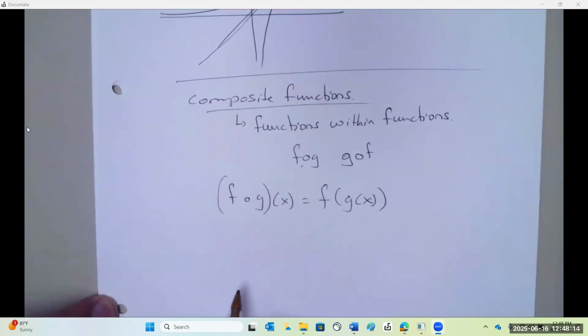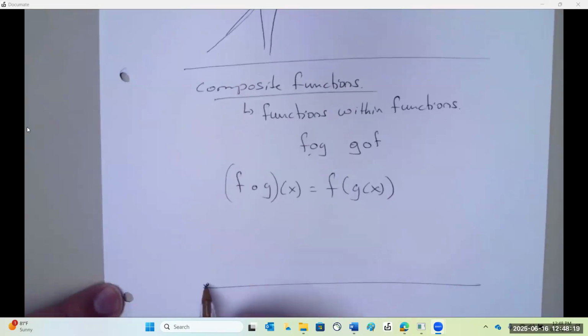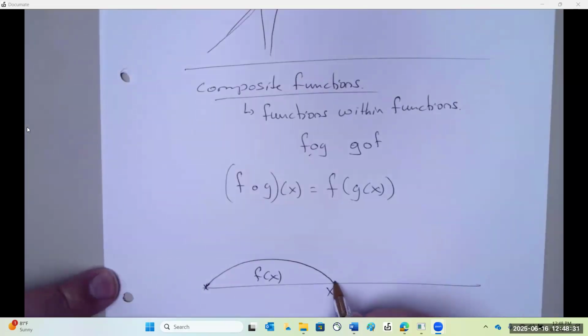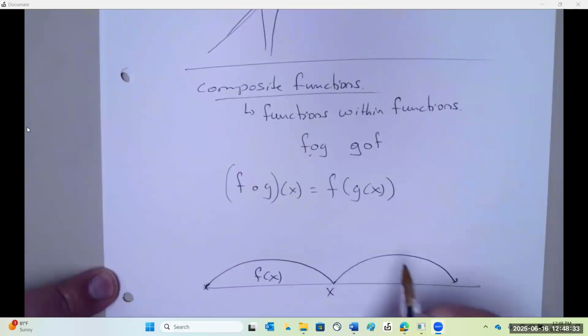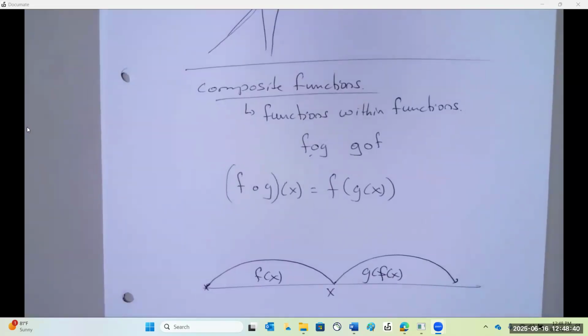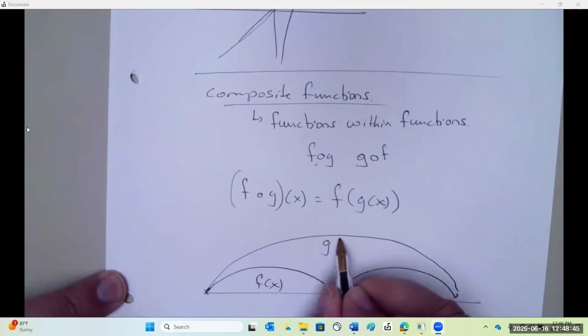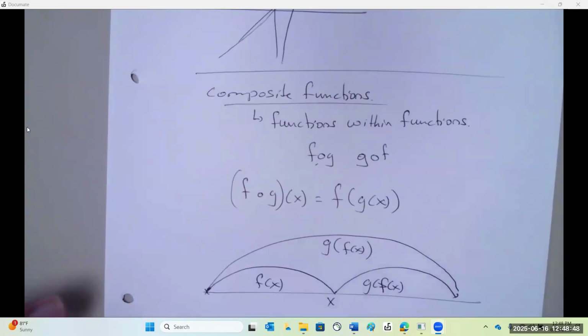Here we have f. If f is continuous with respect to x, and then g of x is continuous with respect to f of x, that means the whole function is a continuous function.